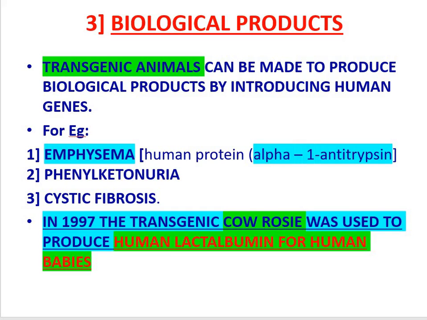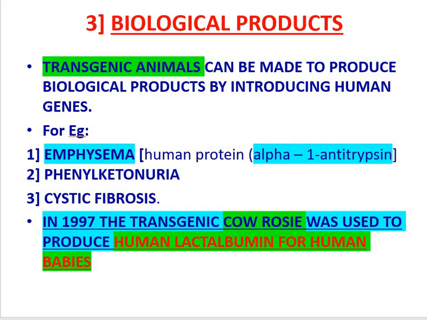A very interesting example is the transgenic cow Rosie, which was used to produce human lactalbumin for human babies. You know, students, that human lactalbumin is present only in the mother's milk. But there are some babies who, for various reasons, cannot be breastfed by the mother. In such cases, if human lactalbumin, which is produced in a transgenic animal, like here in this case the cow Rosie, is given to these babies, there is more chance that the milk is going to agree with the body of the babies and it is better assimilated.